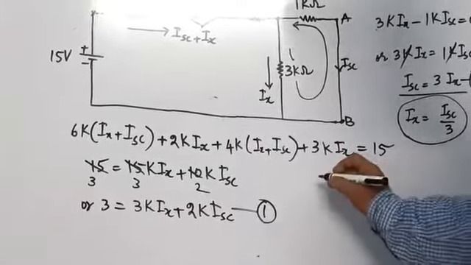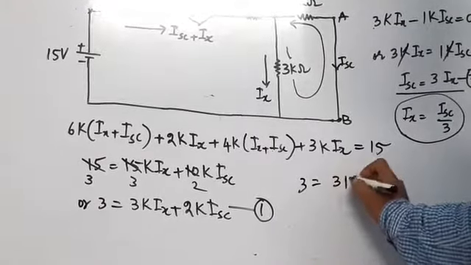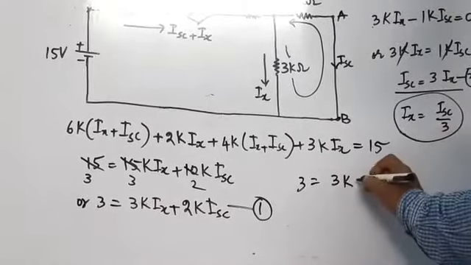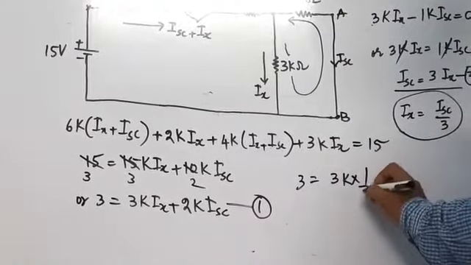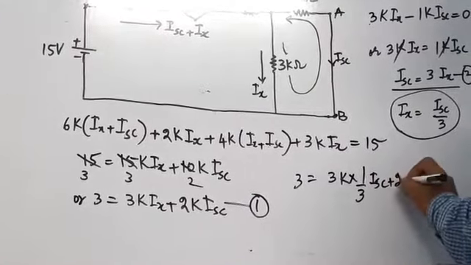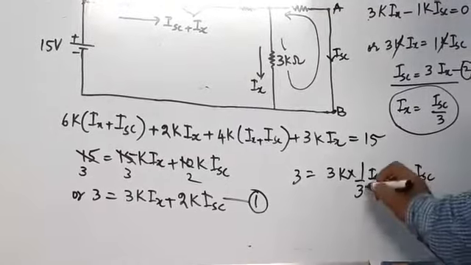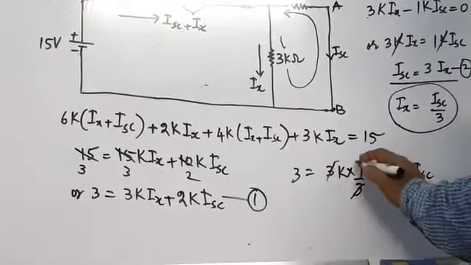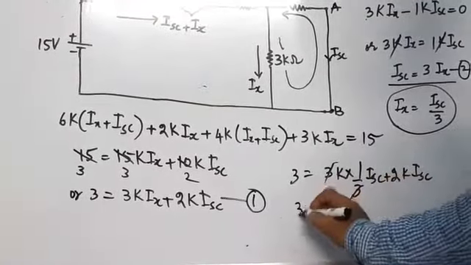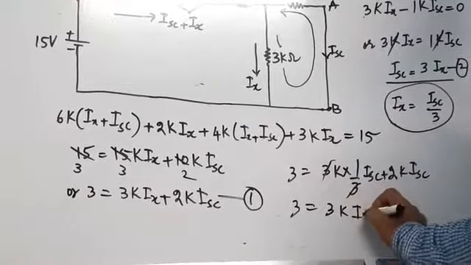So I will get 3 is equal to 3 kilo, what is Ix? Ix is equal to 1 by 3 Isc, plus 2 kilo Isc. So this 3 cancels. So 1 plus 2 means 3 kilo Isc.